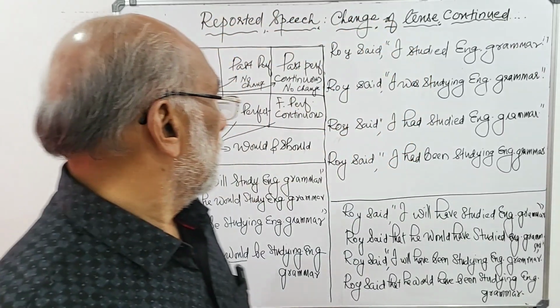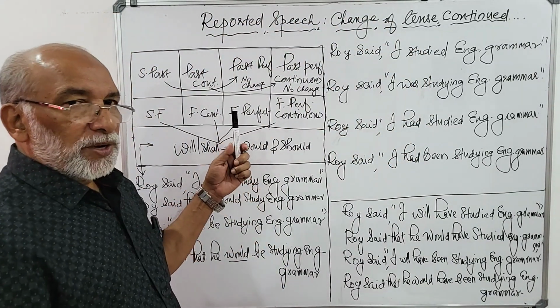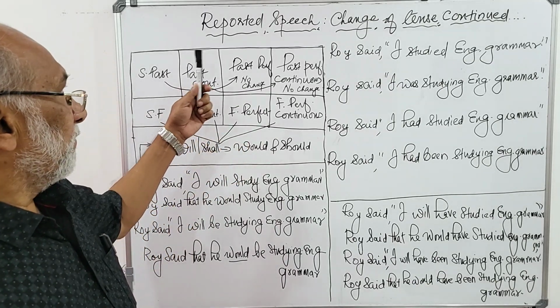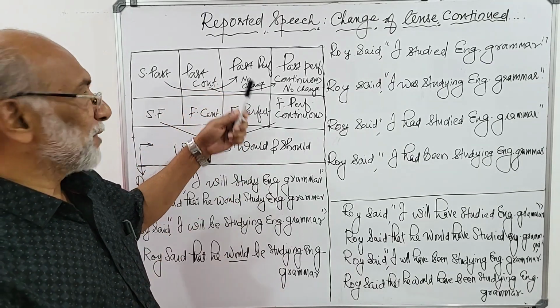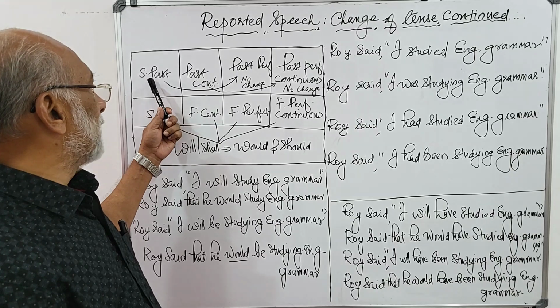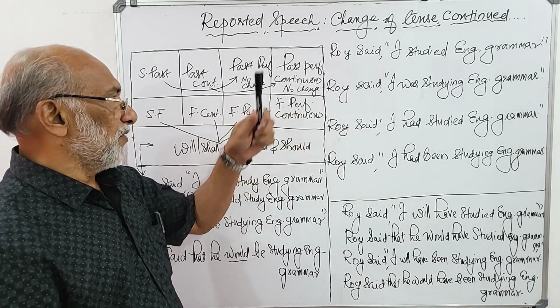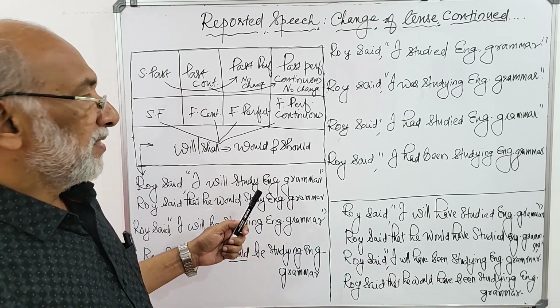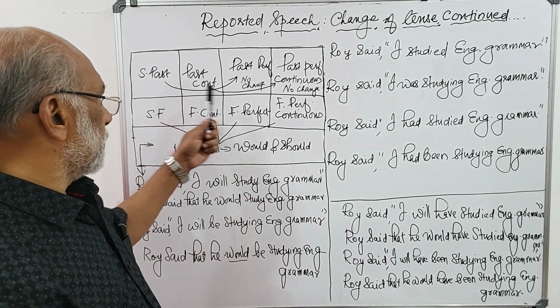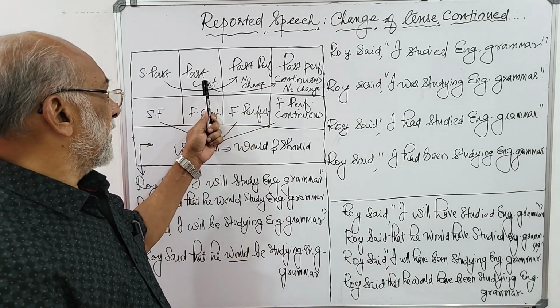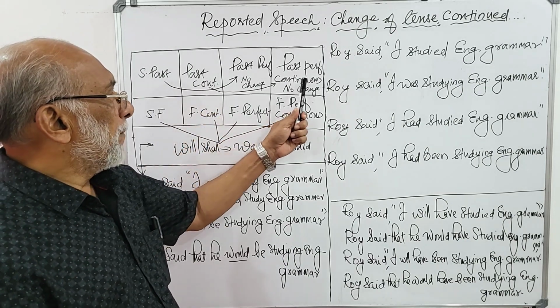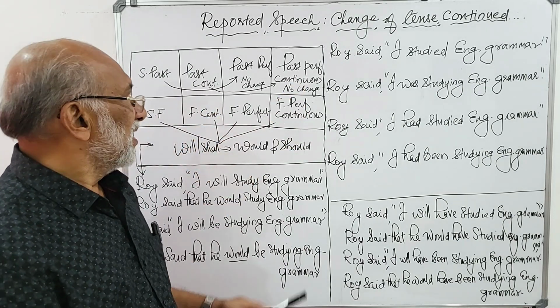Let's see. Okay. Hope you remember the table. I have removed the present tense part. Now we start with simple past. So simple past, past continuous, past perfect, and past perfect continuous. And I said simple past becomes past perfect and past continuous becomes past perfect continuous.